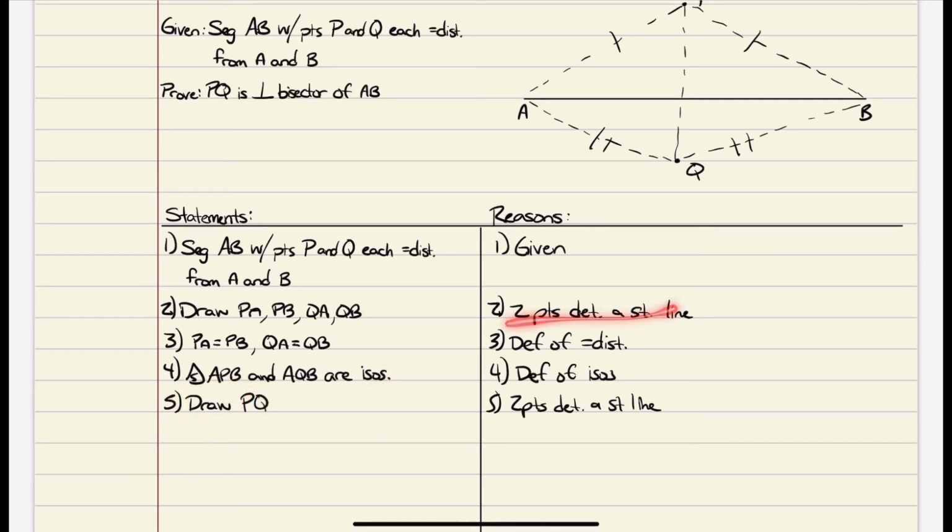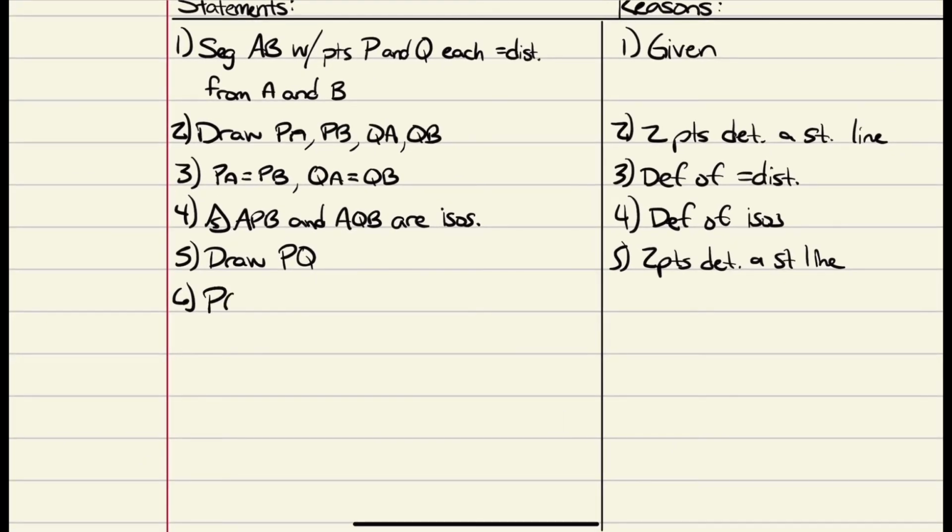So now we have our line that is potentially our perpendicular bisector, and honestly, we can say that PQ is the perpendicular bisector of AB.